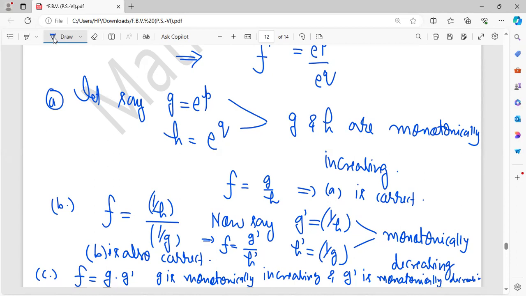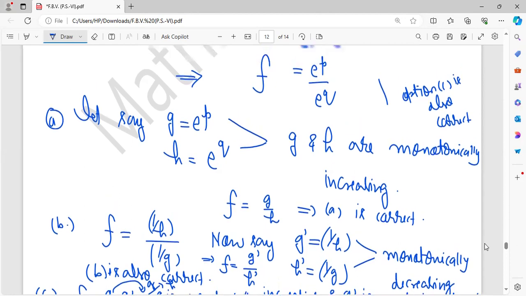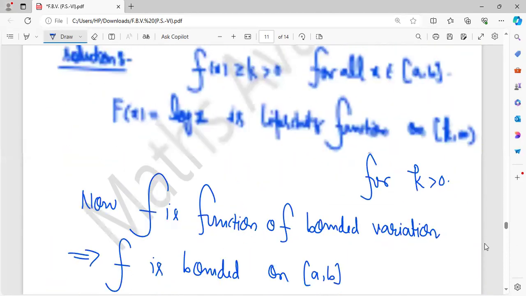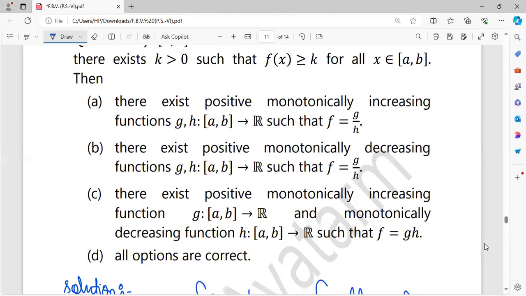So option C is also correct, because we can say it g and we can say it h. So g is monotonically increasing, h is monotonically decreasing. So all three options are correct. First option is correct. Second option is also correct. Third option is also correct. So all options are correct. Okay. Option number D is correct.